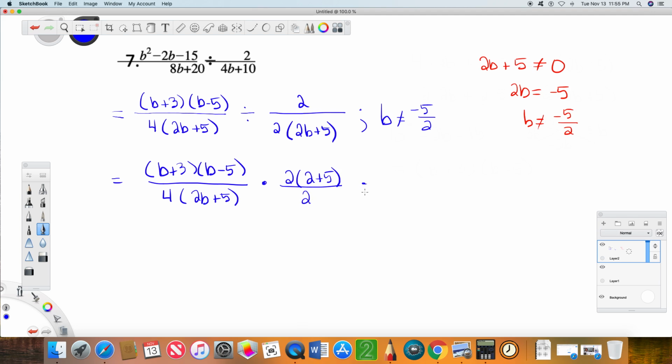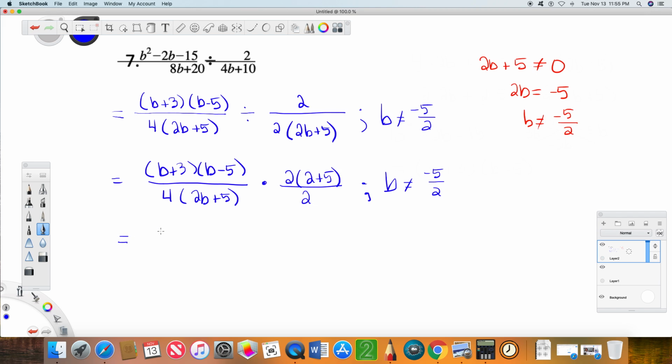Sometimes this numerator might be a complicated expression. It might have a b in it, and maybe that adds to our restriction. Now, in this case, it doesn't, because 2 is not 0. 2 will never become 0 unless you multiply it by 0. So we still have the same restriction. But very often you have to add more to this restriction because of this new denominator.